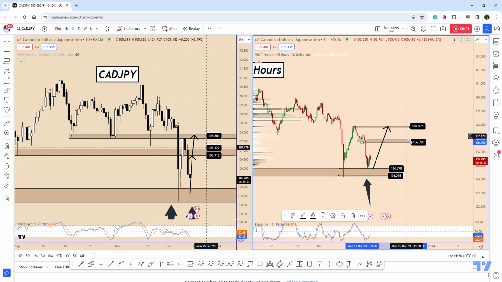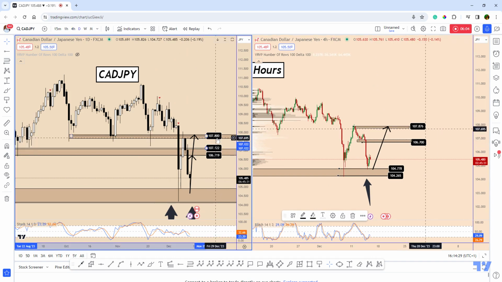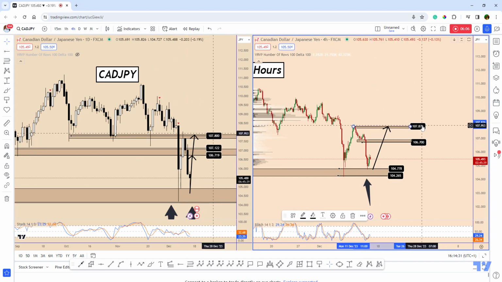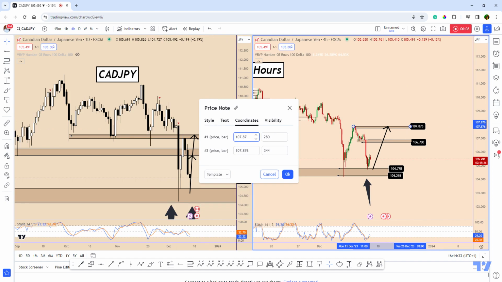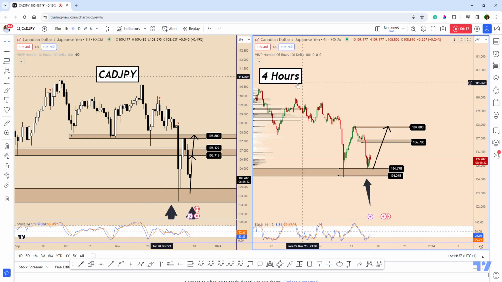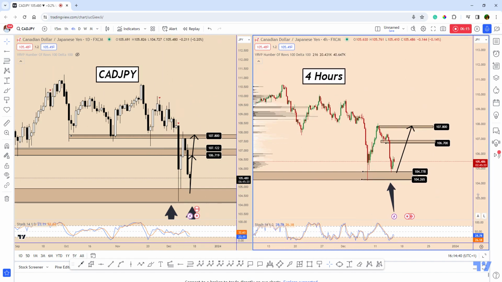This is the beginning of the zone, and the second one that we can look at is 107.80. In this way, the picture becomes more visible.